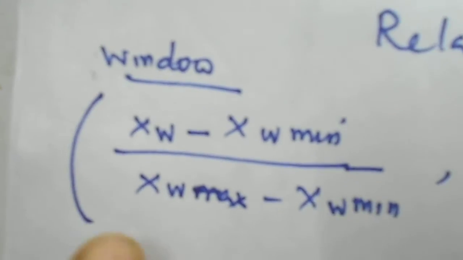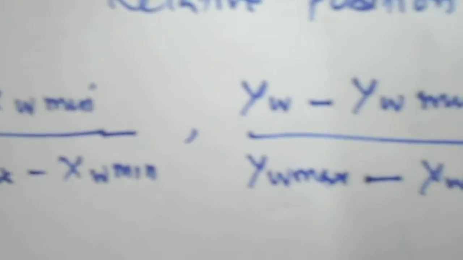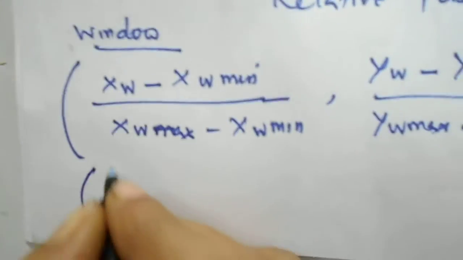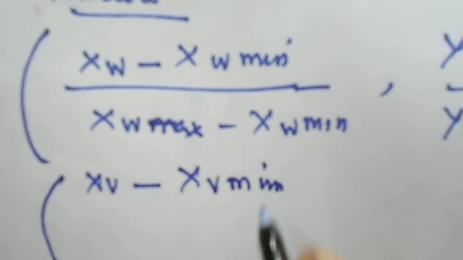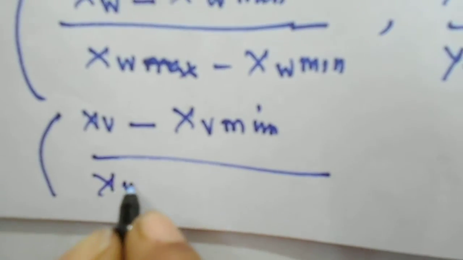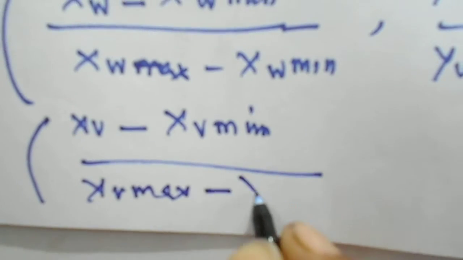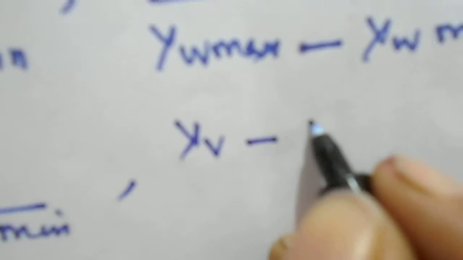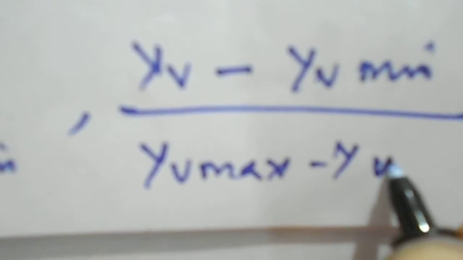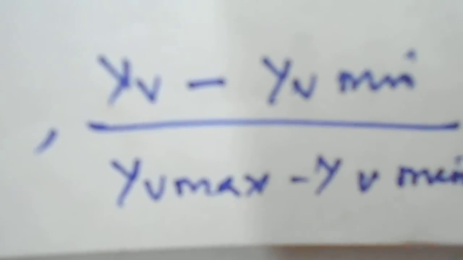The same way we can represent viewport normalized coordinates: xv minus xv minimum divided by xv maximum minus xv minimum, this is for the x axis. Let's see the y axis: yv minus yv minimum divided by yv max minus yv minimum.